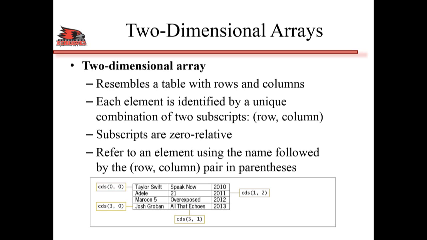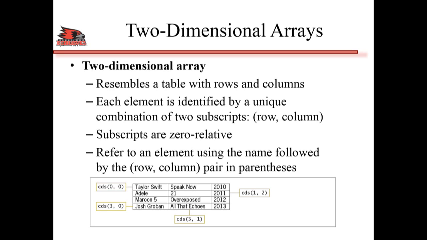And like the one-dimensional array, we refer to an element using the name followed by the row, column subscript pair in parentheses. There's an example shown at the bottom where the first item, meaning the top leftmost item, has 0 0, the first row and the first column, and it goes from there.